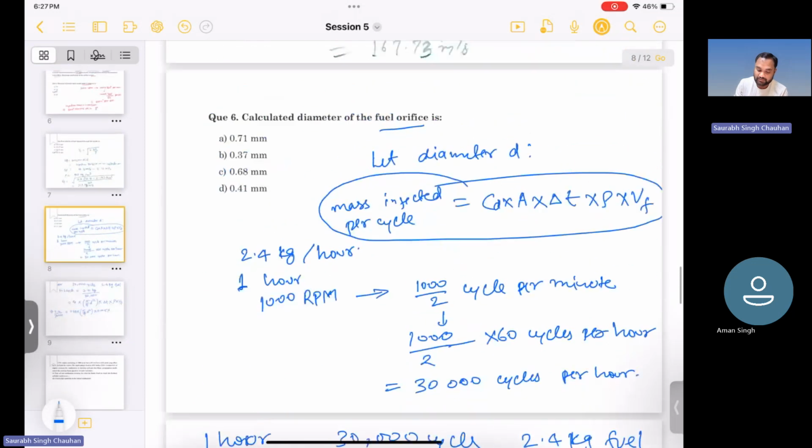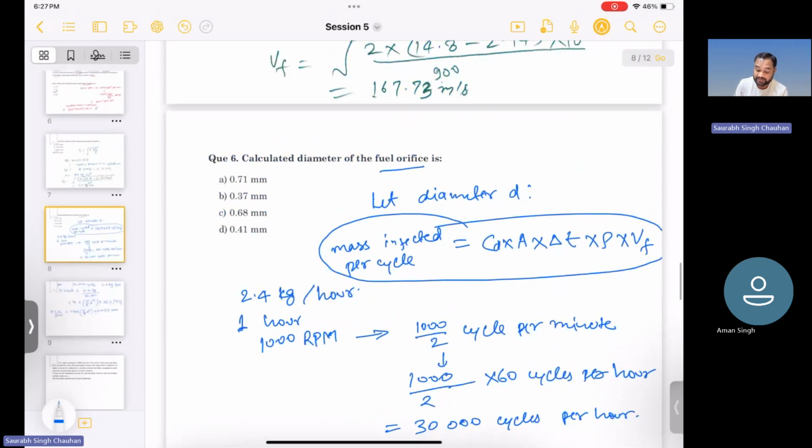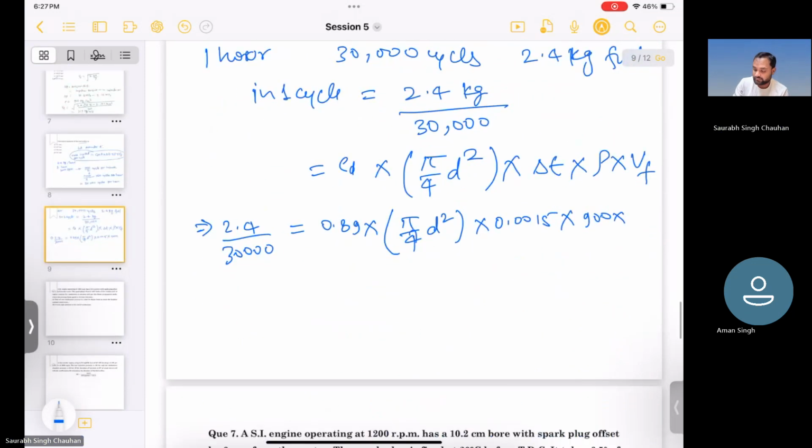And velocity we have just calculated, and it was 167.73. Okay. So this will give the D. So can you please calculate how much it is? Yes.